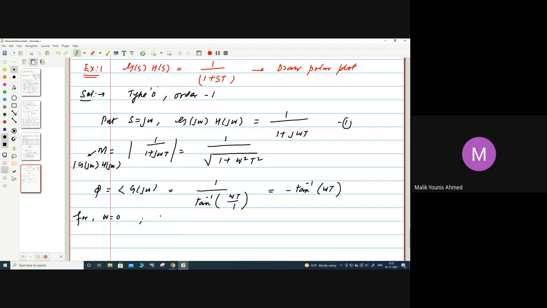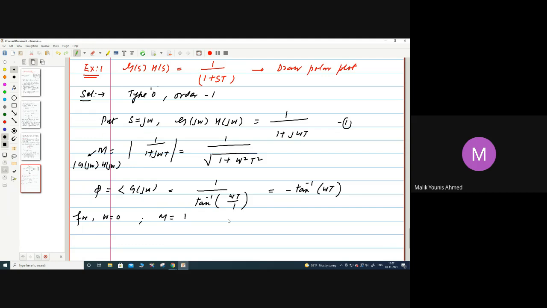M will be, as you can see here, I put omega equal to 0. So 0 into T square is 0, 1 under root is 1, 1 by 1, so that will be 1.